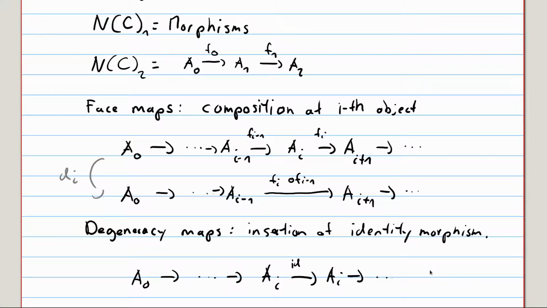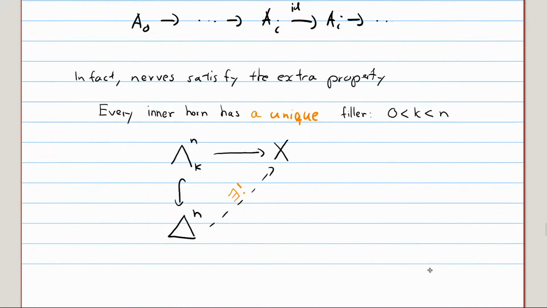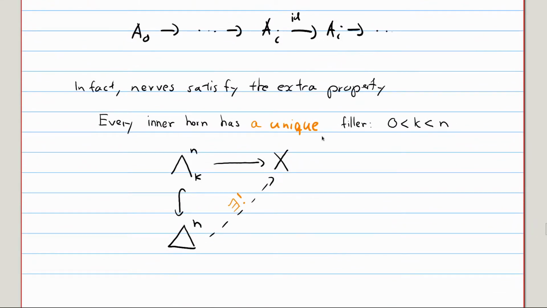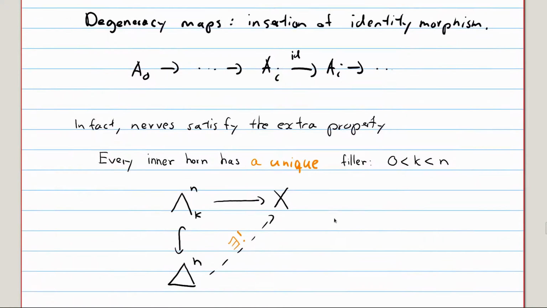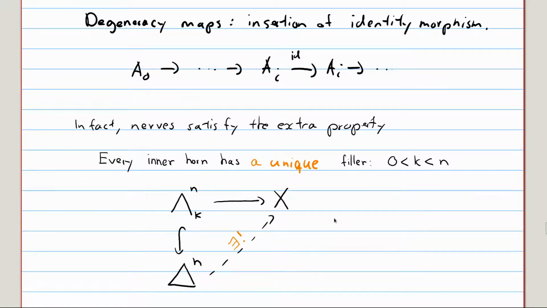They satisfy an even stronger condition, and that is that every inner horn has a unique filler. There must be a unique filler in this sense, and it follows from the fact that in an ordinary category, composition is unique, right?